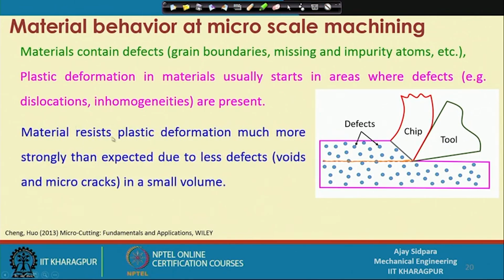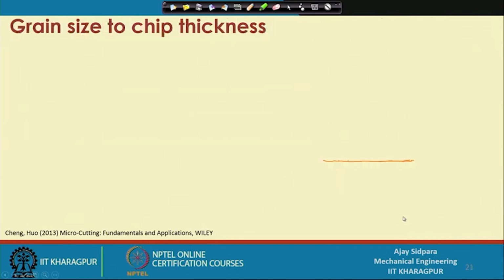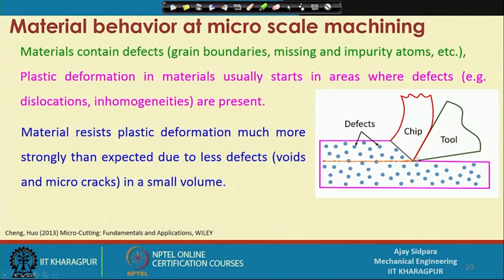Right. The material resists plastic deformation much more strongly than expected due to fewer defects. Now, consider the normal machining operation, that means macro machining or conventional machining, where your depth of cut is much larger than the uncut chip thickness. Right now we are showing the sharp cutting tool, so we are neglecting the cutting edge radius in this location.